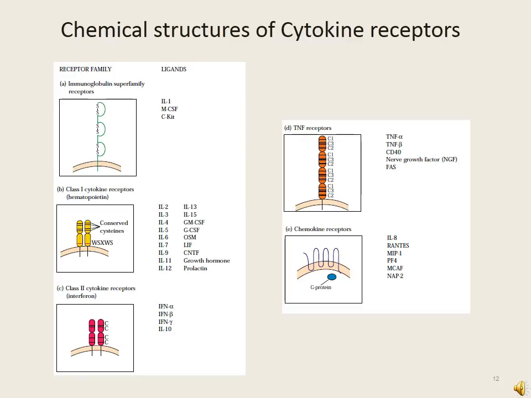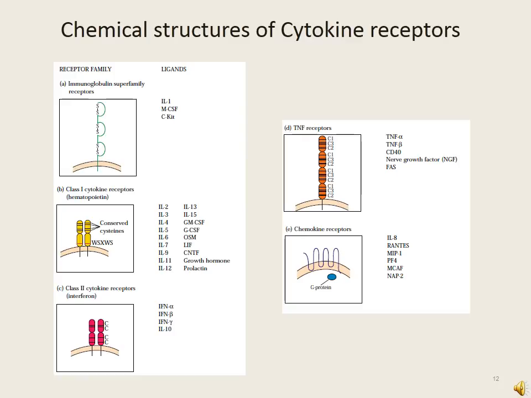This slide shows you further that sometimes they classify cytokine receptors according to the chemical structure of the receptor. For example, on the left hand side, they call it the immunoglobulin super family receptor. You will see the immunoglobulin domain, the green part in the figure.